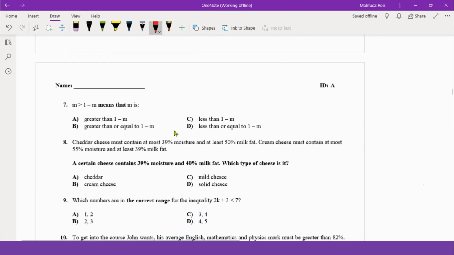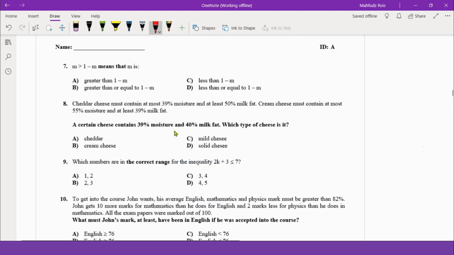And now how to find number 7. Alright, number 7 is inequalities. So m greater than 1 minus m means that this one is greater than. You know that in inequality signs you have greater than, less than, equals, yeah, less than or equal. So this one is greater than, right?